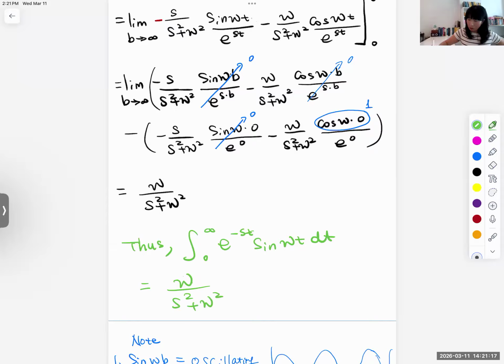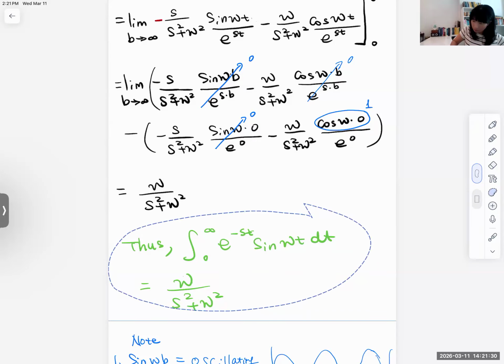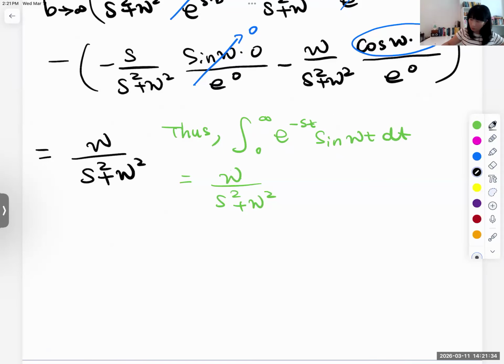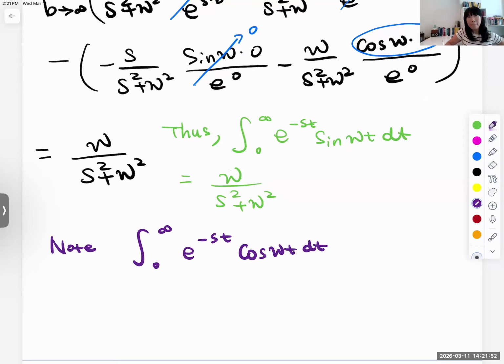Okay. Now, what if we have a cosine omega t, right? Maybe I can make this one smaller, and then make a note. Integral from 0 to positive infinity of e to the negative st cosine omega t dt, right?